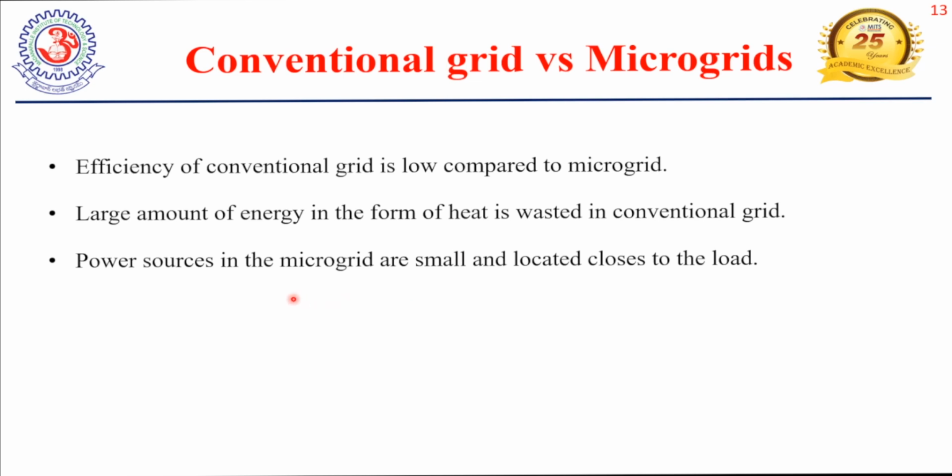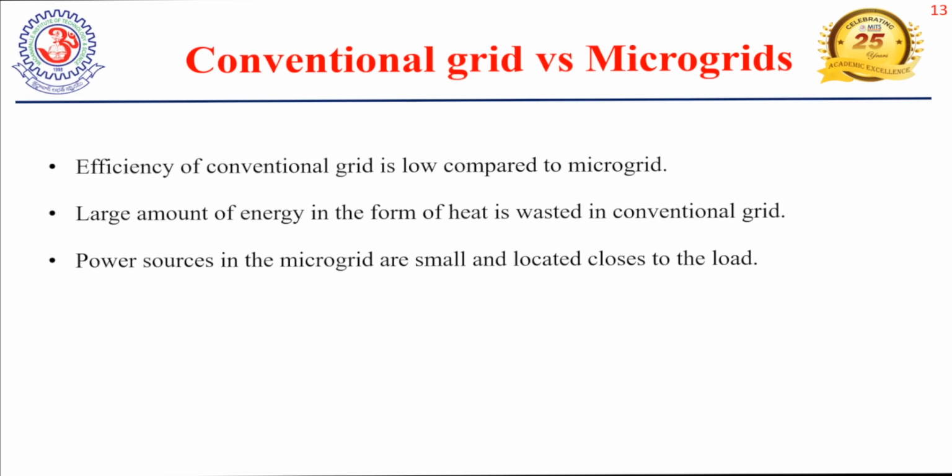The third point: power sources in the microgrid are small and located closest to the load, where loads are available. Same place we are generating the power. So power sources in the microgrid are near to the loads. These are all very important advantages of microgrid as compared to conventional grid.